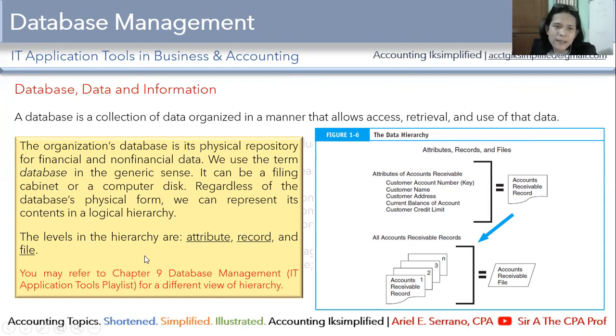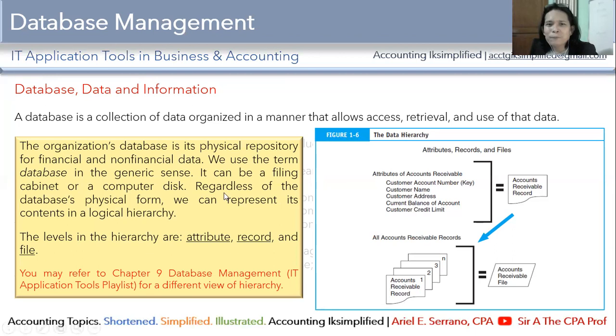That is why in the level, in our hierarchy here, we have the attributes, records, and file. Okay? But I have a chapter 9 database management discussion also in my IT application tool. You may look at it for a different explanation of hierarchy or of data, especially on database management na subject. Okay? Later on, we will also have a discussion on database management under the book, under same reference.